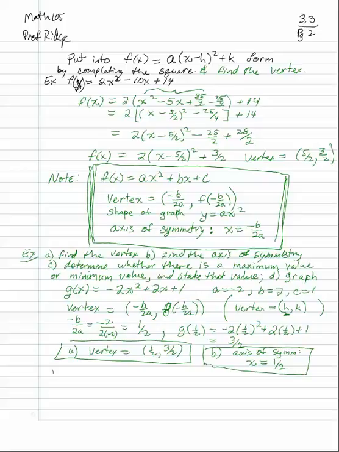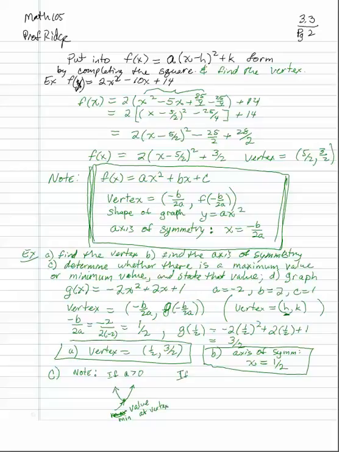C, determine whether there's a minimum value or a maximum value. So before I answer this, just note, I haven't talked about it yet in the lecture notes, if a is greater than 0, the parabola opens up. And then the vertex is going to give you a max value, not a max value, that's on the bottom, so that would be a min value at the vertex.